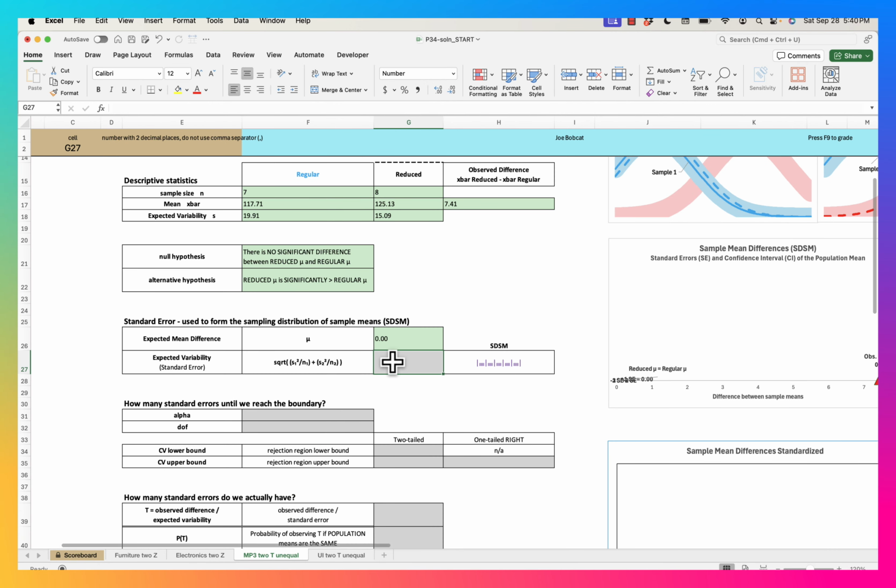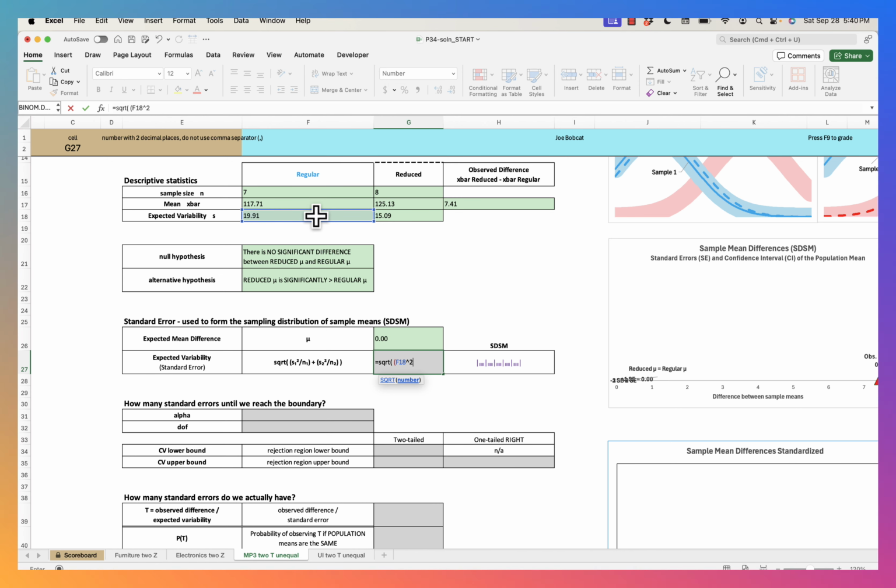So we go with our standard error formula, which notice now is the same formula that we had on the z, except that instead of sigma, we're using the standard deviation from the sample because that's all we've got.